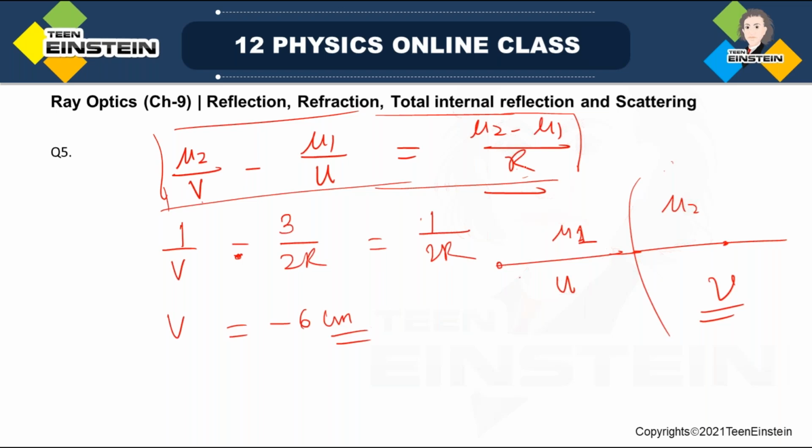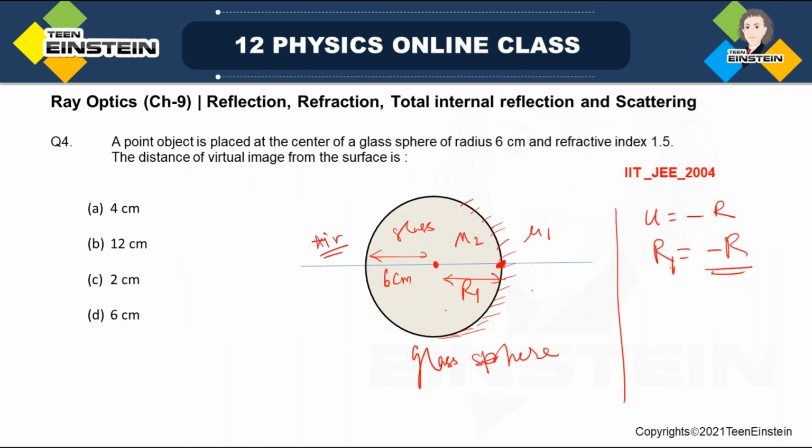Here we have put mu2 equal to 1, because the refractive index here, I'm sorry, you have to take this as mu1, here it is mu2. So mu2 is air here, so refractive index 1.